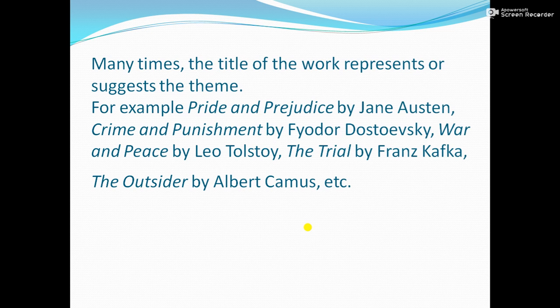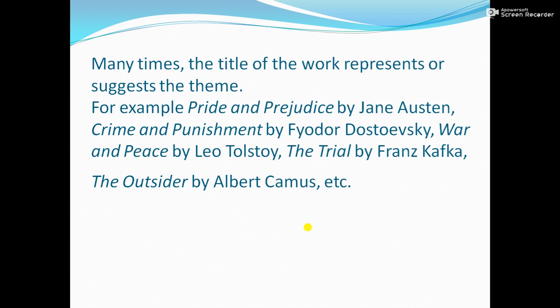Otherwise, when the title does not suggest or represent any particular theme, then we have to find out the theme of a literary work through events, characters, their actions, motives, etc. But in some cases, the title represents the theme. For example, Pride and Prejudice by Jane Austen.